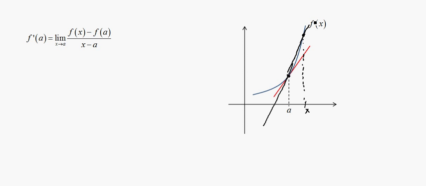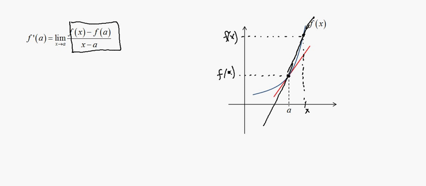And it just calculates the slope of that line, right? The y value up here is f of x. The y value here is f of a. So without the limit, all this formula, f of x minus f of a divided by x minus a, is the slope of that secant line.